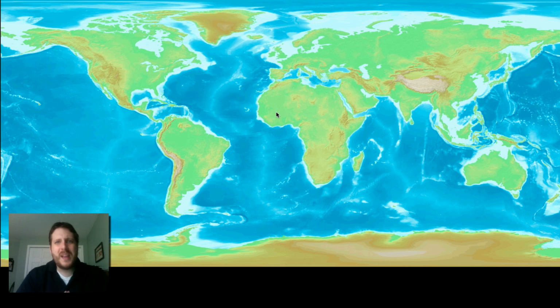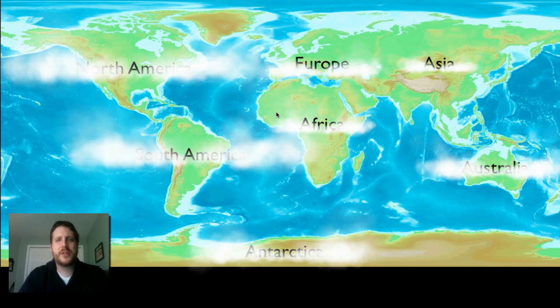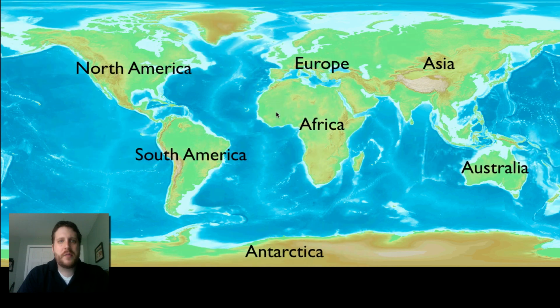So let's take a look at the 7 continents you're used to seeing. We've got North America here, South America, Antarctica, Europe, Africa, Asia, and Australia. And these are all the continents you learned in elementary school.